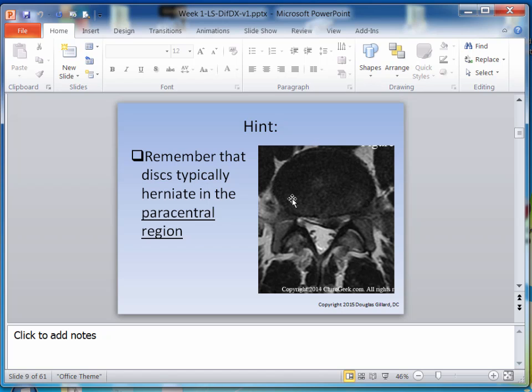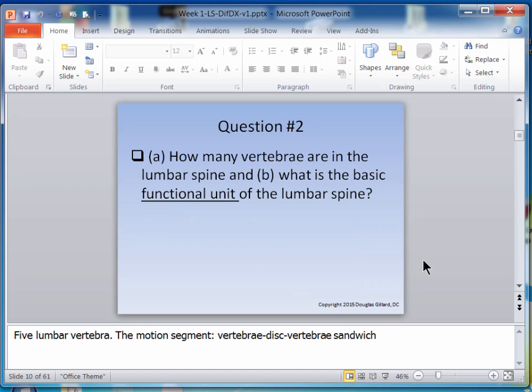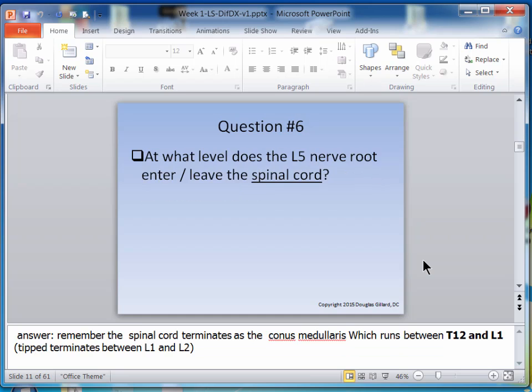This obviously is a T2 weighted MRI. If you're really shaky on these MRIs, I was told you guys already know this, so I went fast over this. But I have a feeling maybe you don't know this so well, but I have some good YouTube videos on how to read your MRI, so it might be worth going through those because there are a lot of MRI images on here.